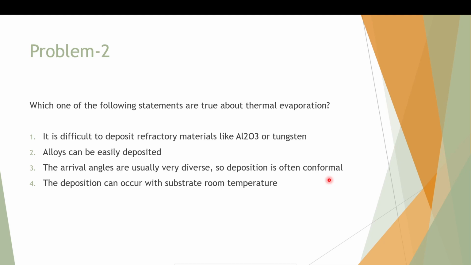But in evaporation, we start with the fact that we want very high vacuum. In very high vacuum, there will usually be no scattering or very little scattering, and because of that, the arrival angles will not be that diverse. It will usually just go straight up and be incident on our substrate at 90 degrees, or whatever the wafer orientation we have kept. So the deposition won't be conformal. So this is also false.